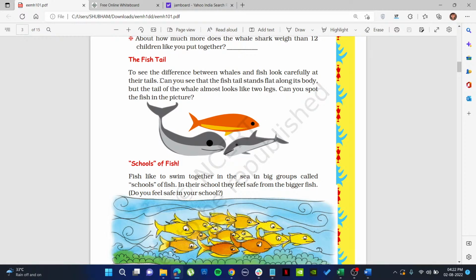Can you see the fish tail stands flat along its body? We can see such a fish right here. But when it comes to the tail of the whale, which almost looks like two legs, here this is the whale. Don't you think that it looks like two legs? Yes, it looks like two legs.